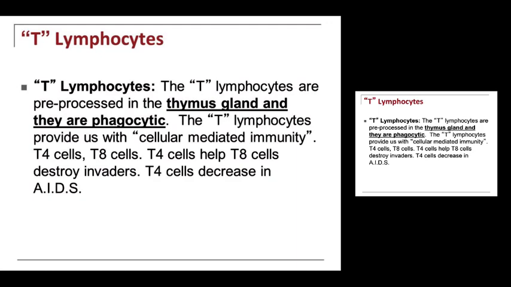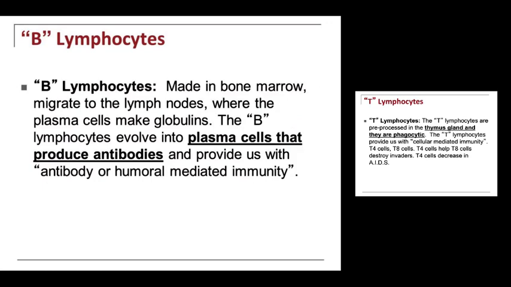And the T lymphocytes provide us with cellular-mediated immunity. When you talk about B cells, we're talking about humoral-mediated immunity. T cells are cellular-mediated immunity. These are your T4 cells and T8 cells. T4 cells help T8 cells destroy invaders. And T4 cells decrease in things like acquired immune deficiency syndrome.